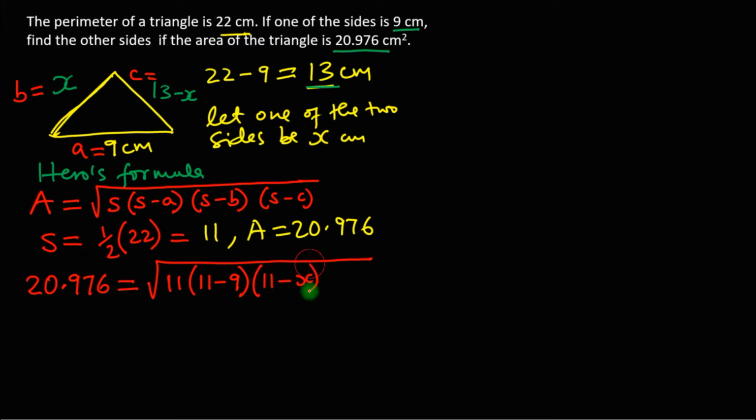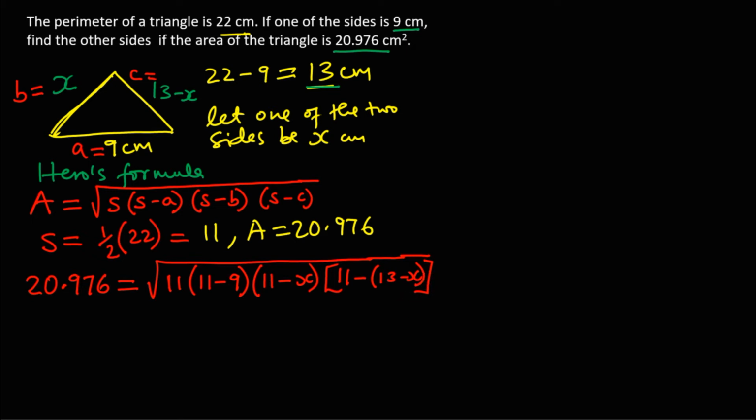And finally, at this particular point, we need to be very careful. We treat 13 minus x as one, so we also include a bracket: s, which is 11, minus 13 minus x. We have to enclose them with a bracket so that we don't mess up.